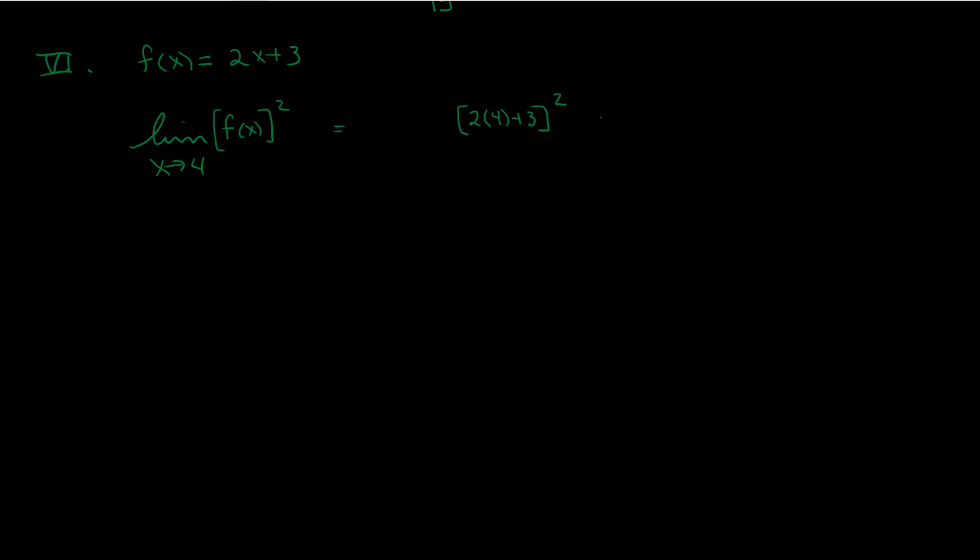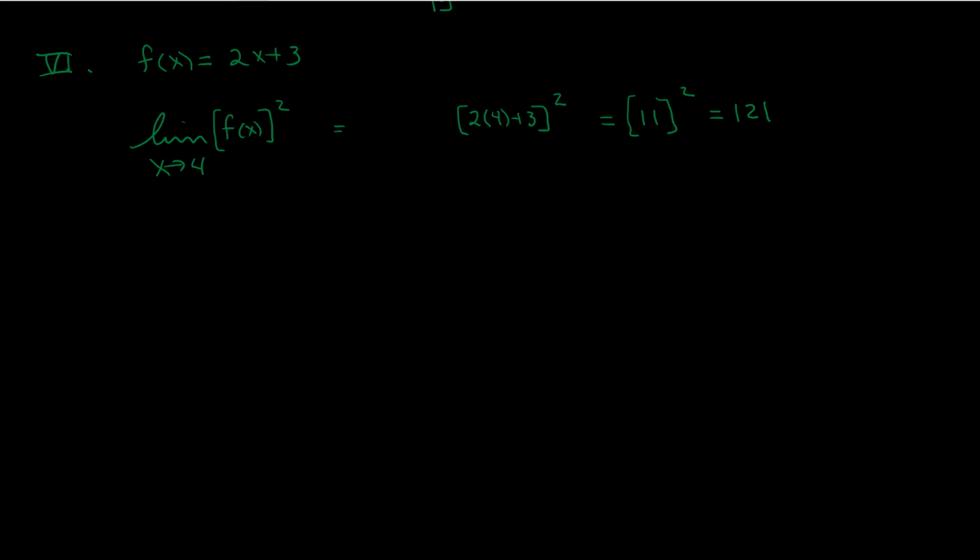This is going to give us 8 plus 3 is 11 squared, which is 121. So when you wind up with a function where you have an exponent in it, it's absolutely fine to just go ahead, evaluate the limit, and apply the exponent to the function thereafter.